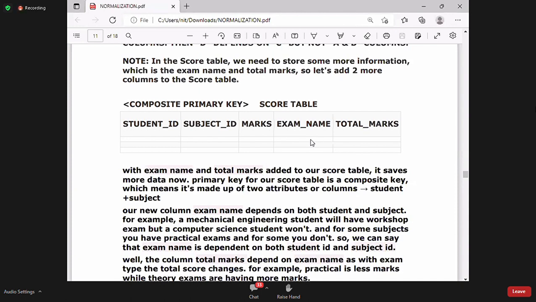Does every subject have only theory? No. Some subjects are a theory plus practical combination. For one subject with theory plus practical, how many examinations are you writing? 2 examinations. One examination is theory, one examination is practical. Both examination marks together are called the total. That means here your total marks depends on what?